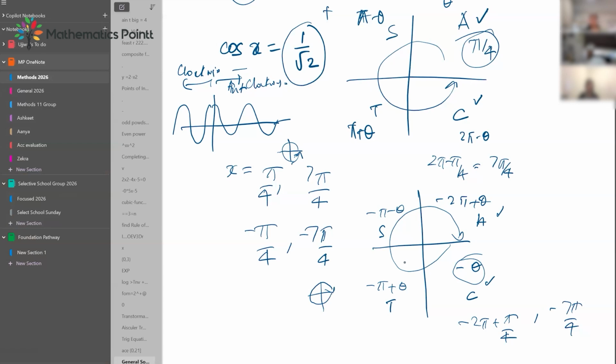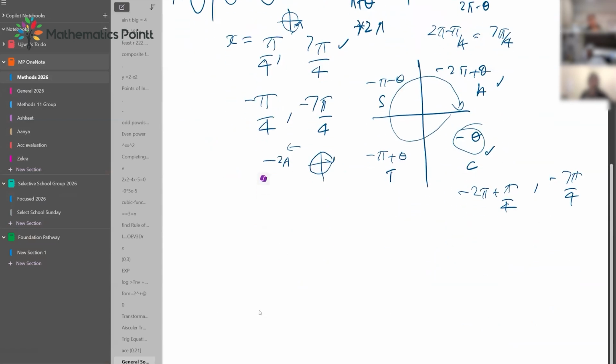Now, how do I get my other solutions? I just keep adding 2 pi. In here, I'm just adding 2 pi to get to the next point, and in here I keep subtracting 2 pi's to go to the next point, right?